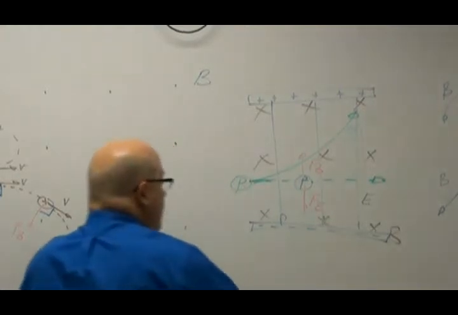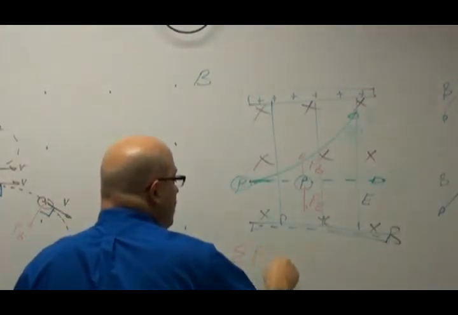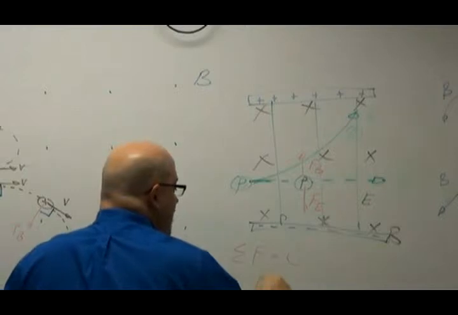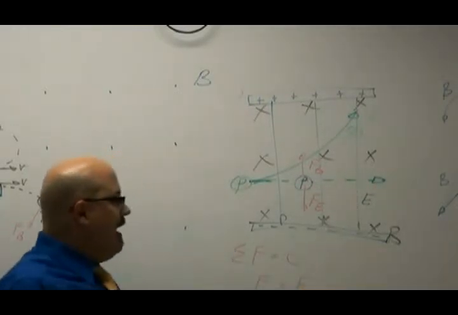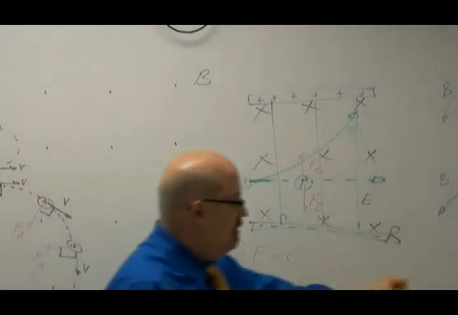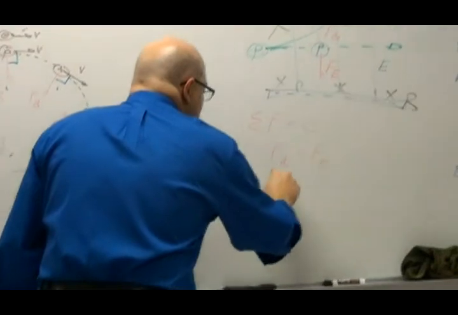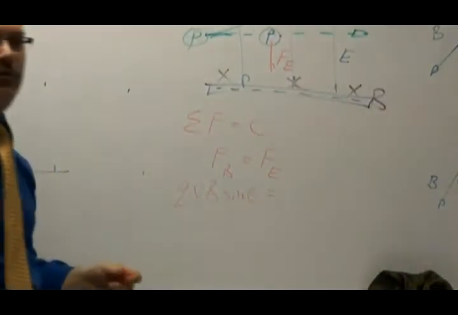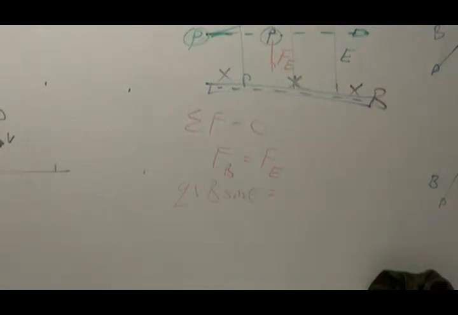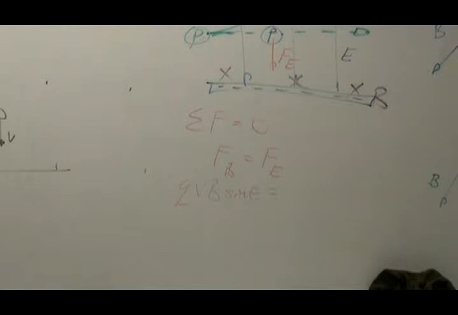The sum of the forces equals 0. That means the magnetic force equals the electric force. How do I calculate my magnetic force? QVB sine theta. How do I calculate my electric force? Not KQ, it's not a spherical charge distribution.